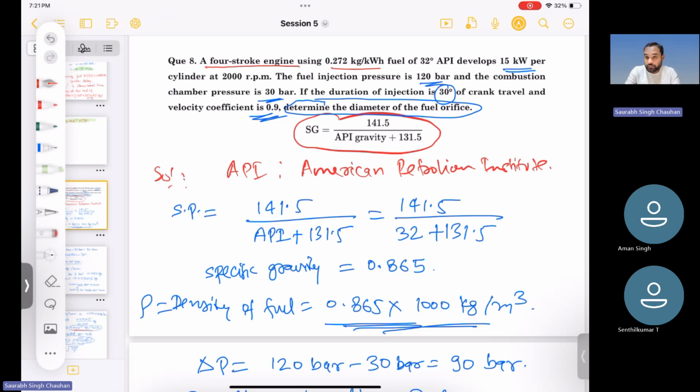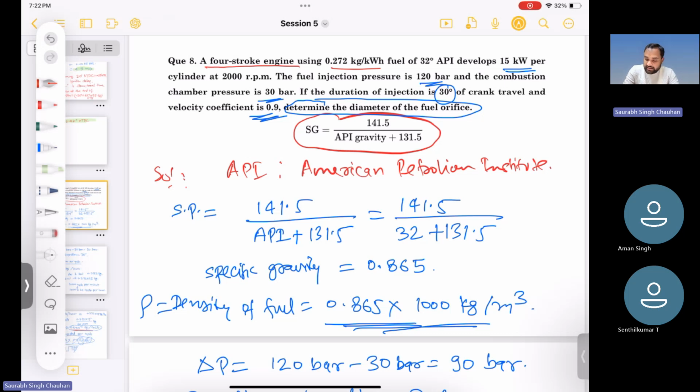Okay, so brake specific fuel consumption is defined as how much fuel is being consumed for 1 unit of power at the brake shaft. That is called brake specific fuel consumption. So specific fuel consumption was given, and power was also given, so we can calculate the fuel consumption rate per unit time or per hour.